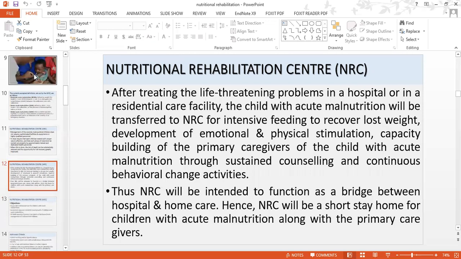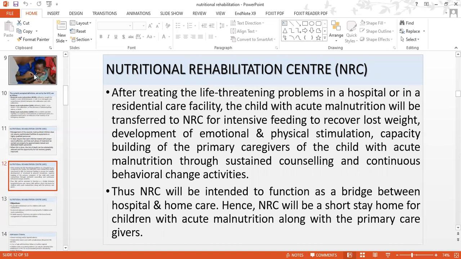In the Nutritional Rehabilitation Center, after treating the life-threatening problem in a hospital or residential care facility, the child with acute malnutrition will be transferred for intensive feeding to recover lost weight, emotional and physical stimulation, and capacity building of primary caregivers through sustained counseling and continuous behavioral change activities.